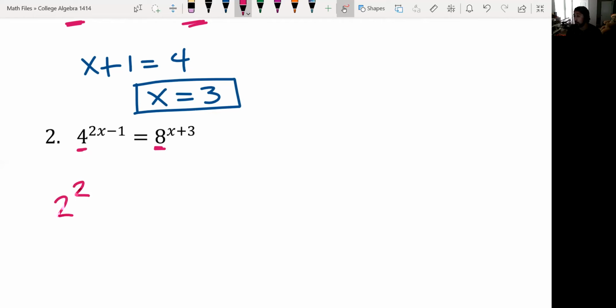So 4 is 2 squared. And now what we do is we take this 2 and multiply it to whatever exponent was there already. So you get 2 times 2x minus 1. And then 8 can be written as a base of 2. 8 can be written as 2 to the 3rd. And once again, this 3 will multiply whatever exponent is there already.